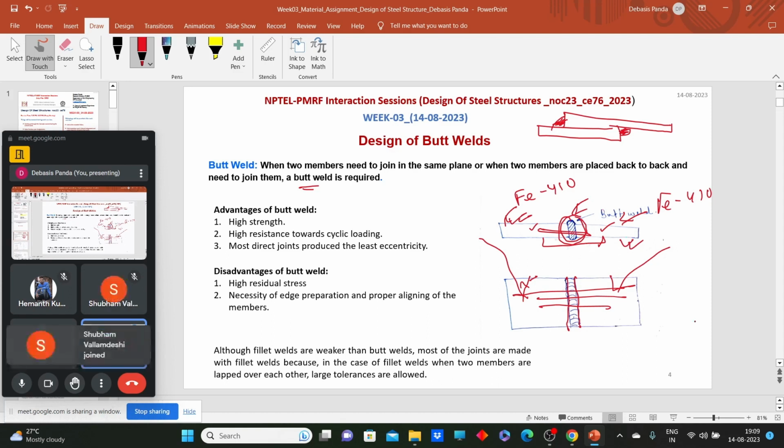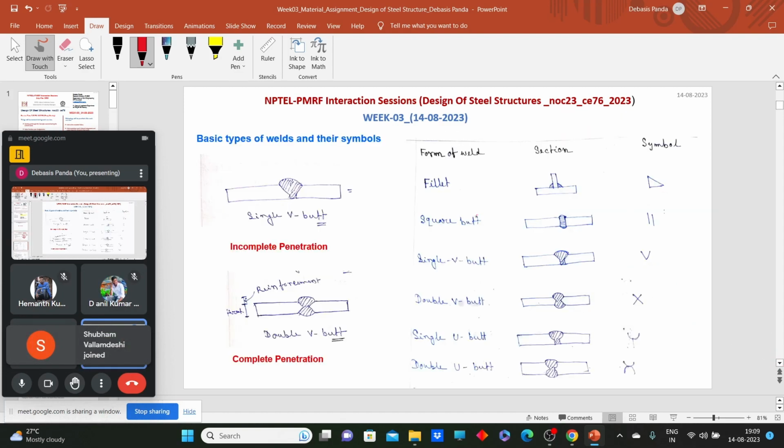Now let's quickly go through some properties of this butt weld. We have two forms of butt weld: complete penetrated butt weld and incomplete penetrated butt weld. In complete or incomplete penetrated butt weld, the main difference is the throat thickness.